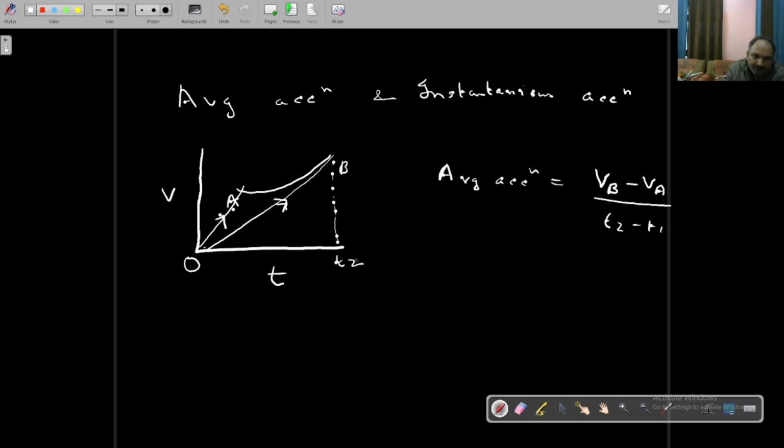This is T2 and this is T1. Okay. Again we consider this in the same way, time t on this curve, a curve where velocity is plotted.